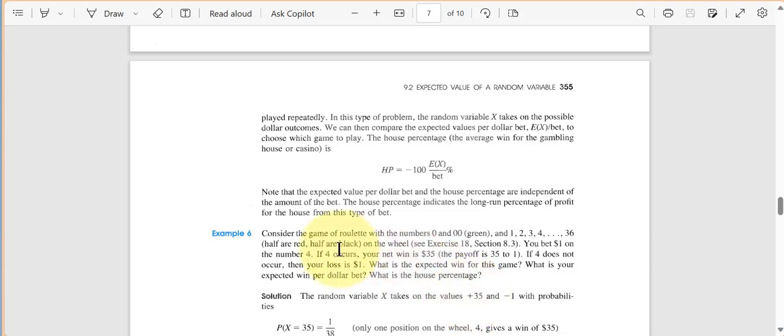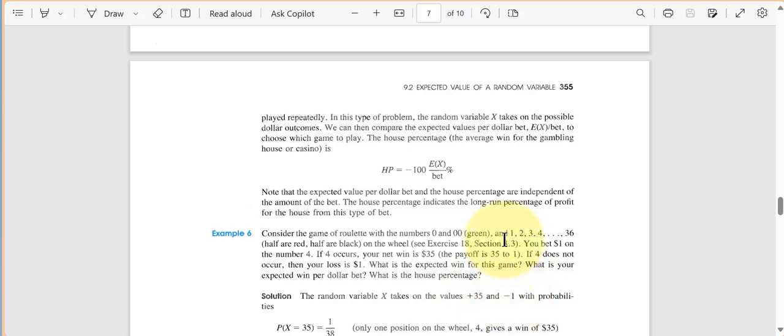Either the ball lands on 4, or it doesn't. If it wins, your net is plus 35, and if it doesn't land on 4, your net is minus 1. So we can talk about that as a random variable and then ask what's the expected value for that random variable. So we need to know the probabilities for this and this.